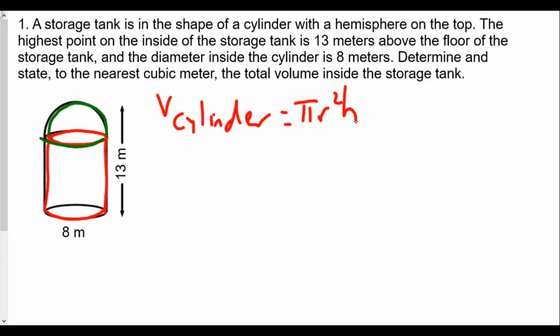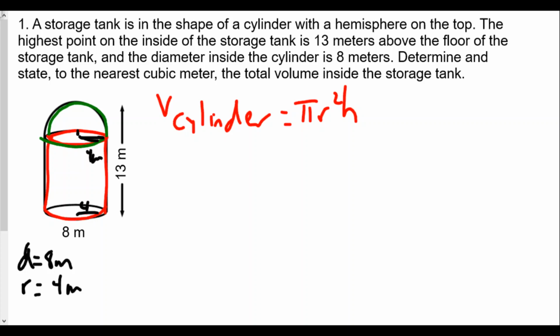The diameter of the cylinder is 8. If the diameter is 8, that means the radius must be half of that, equal to 4 meters. So here's 4 meters this way, and of course 4 meters this way.